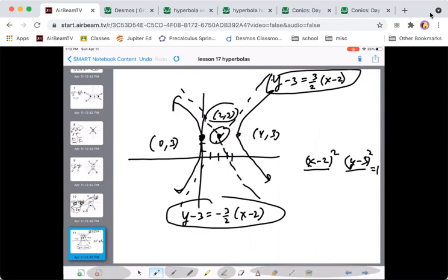Now we have to make a decision as to whether to put a plus here and a minus there, or a minus here and a plus here. Which do you think it is? In this case, it's plus here and minus here, because the left-right hyperbola is plus x squared minus y squared, whereas the up-down ones are minus x squared and plus y squared.